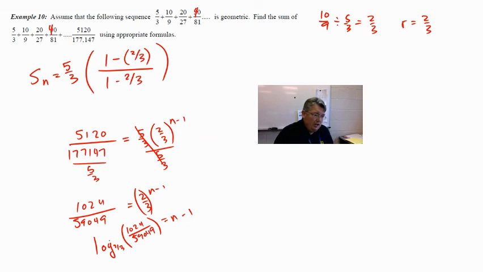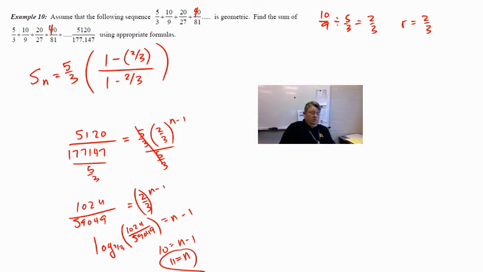And then if I evaluate this, if I take the log base 2/3 of this 1,024 all over 59049, I type that in my calculator, check what I get. Ha! 10. 10 equals n minus 1, and then I add 1 to each side. I get n equals 11. Beautiful. Yuck. I hate it. I don't like that.